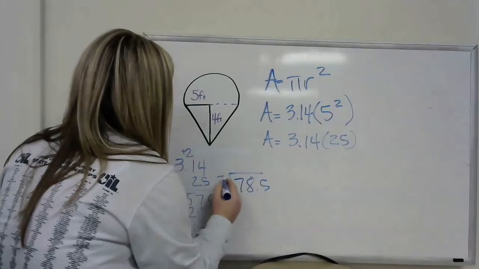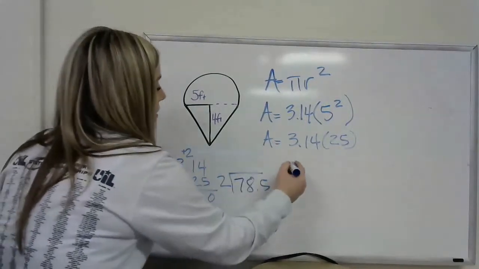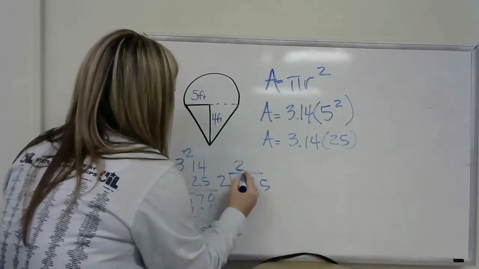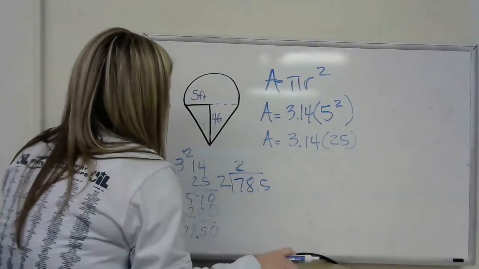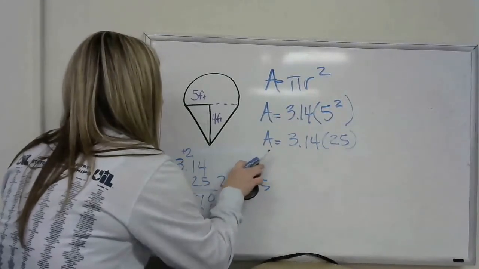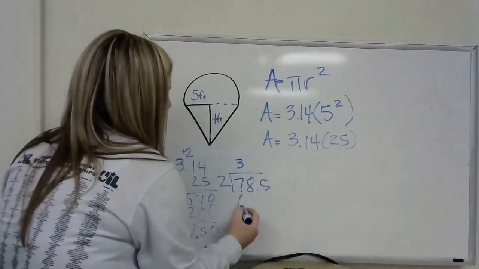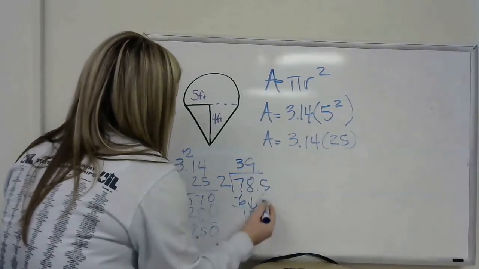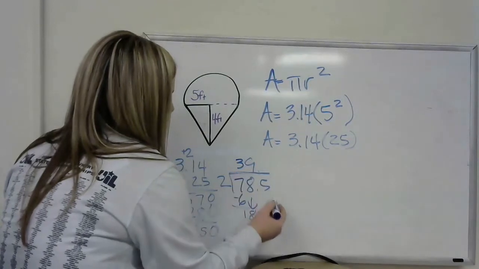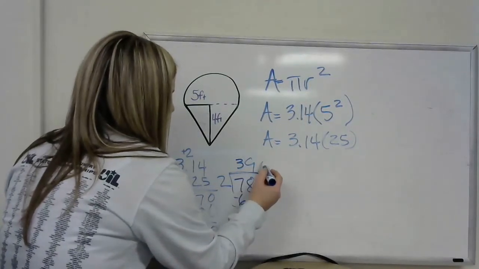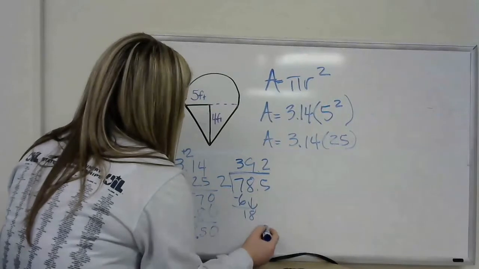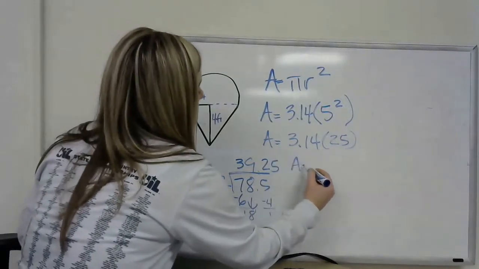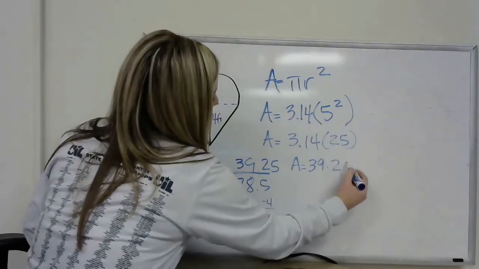We're going to divide that in half because we want to have half of this. 78.5 divided by 2 is 39.25. So the area of that half circle is 39.25.